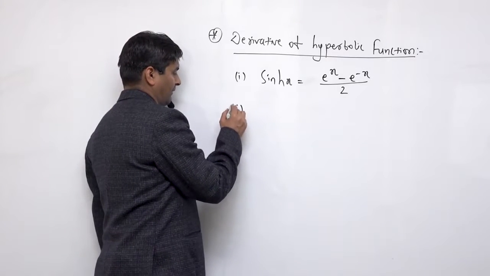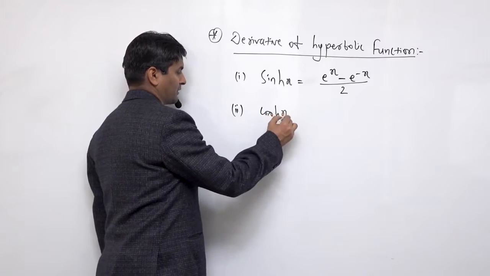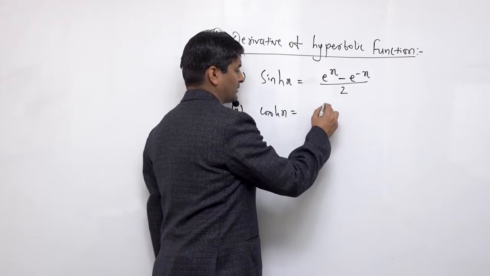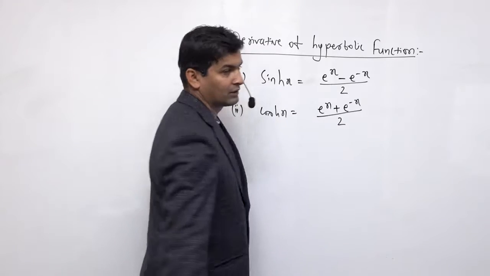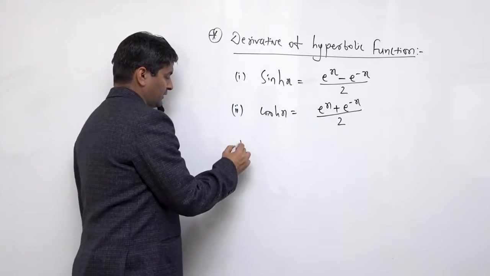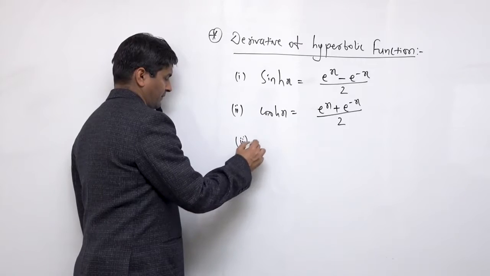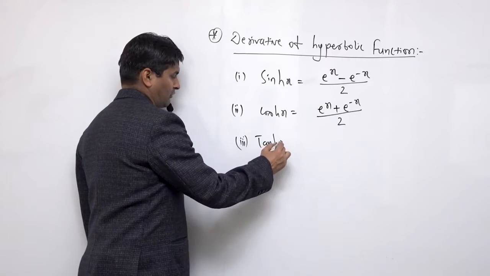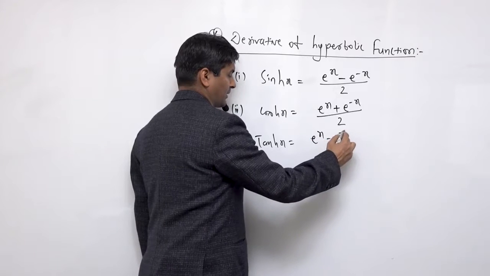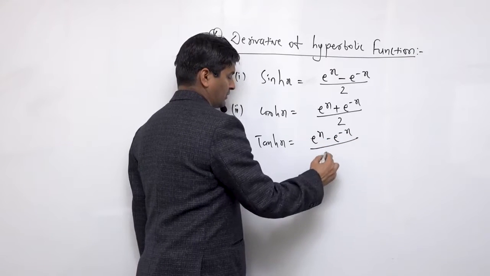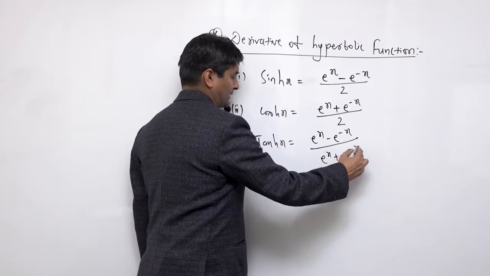Second, the value of second hyperbolic function is cos hx. Cos hx is e to the power x plus e to the power minus x by 2. Now we move in tan hx. The value of hyperbolic function tan hx is e to the power x minus e to the power minus x by e to the power x plus e to the power minus x.